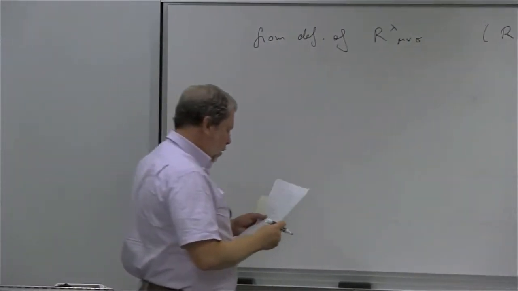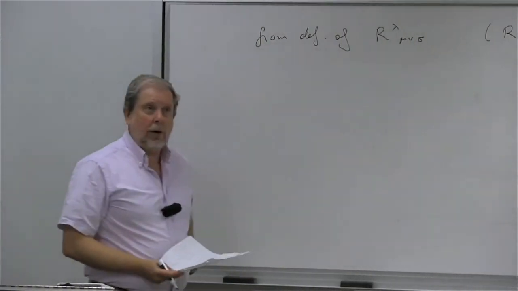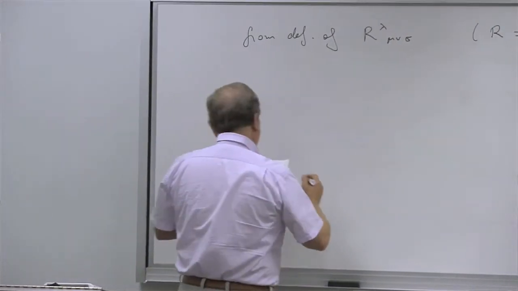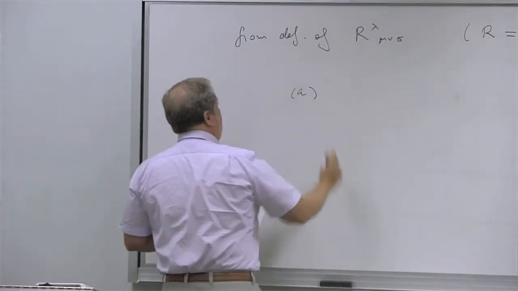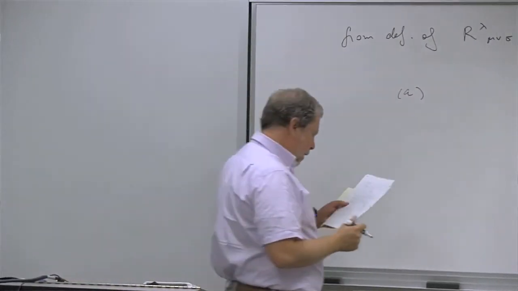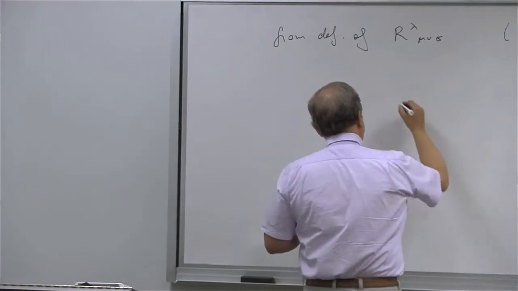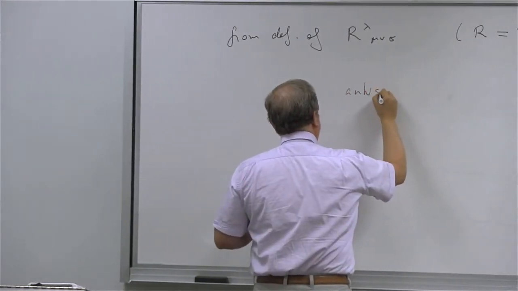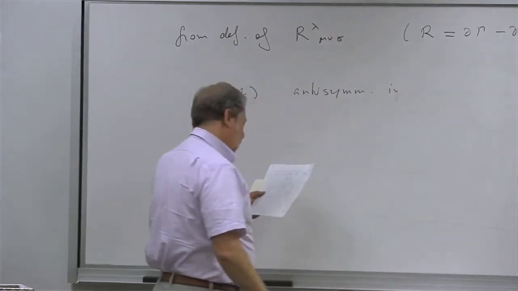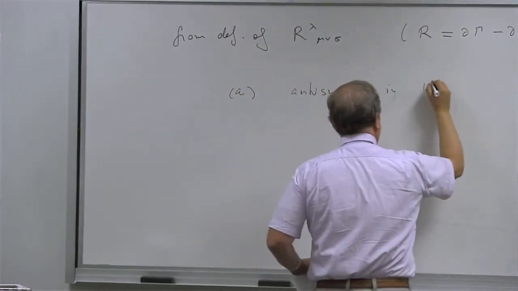And one recognizes, this was recognized early on by Riemann and Christoffel, that there are a number of fundamental properties of the Riemann tensor which have to do with the symmetry under index exchange. And so it's antisymmetric in the first and second pair.